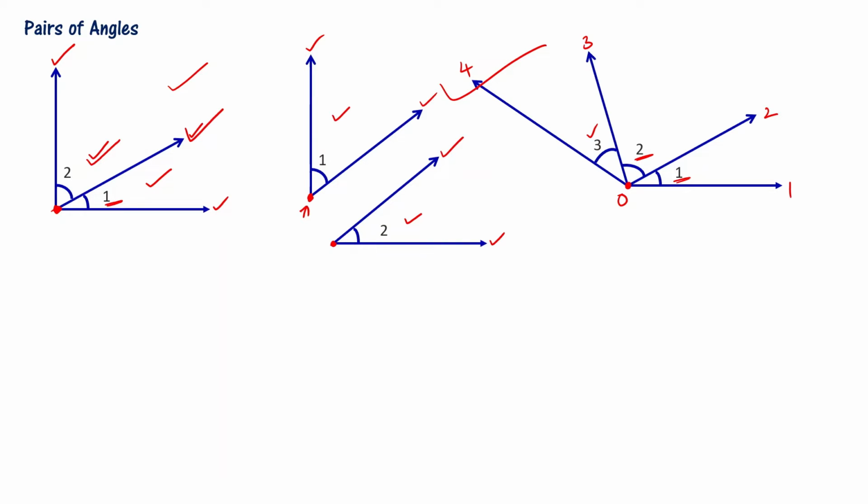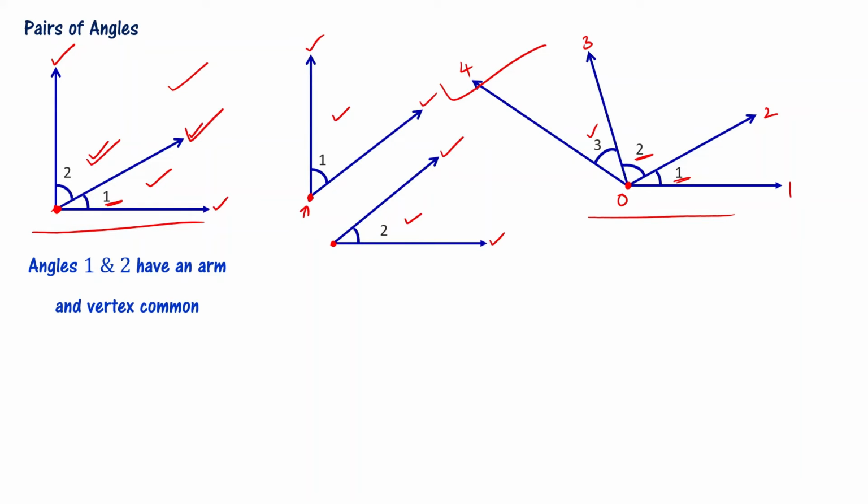Now if you observe, the vertex is common here for two angles, and here also vertex is common for three angles. Right? Let's note that. Here angle 1 and angle 2 have an arm and vertex common. Please note this. Vertex is common and one arm is common. Right? Here vertexes are different and arms are also different.